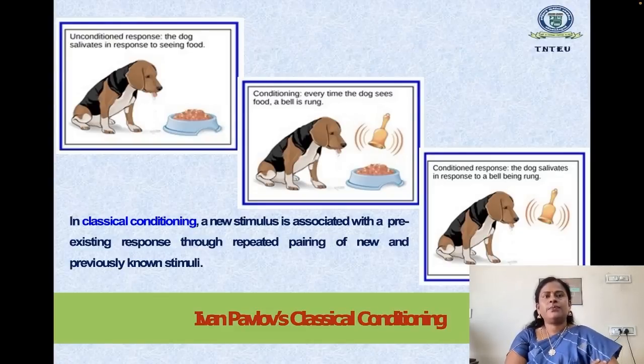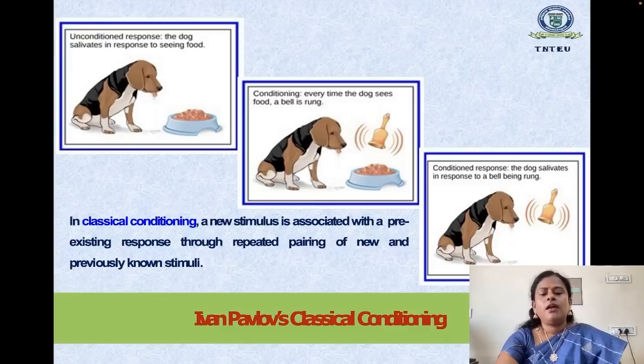Conditioned behaviors. Ivan Pavlov's classical conditioning. Conditioned behaviors are the result of associative learning, which takes two forms: classical conditioning and operant conditioning. In classical conditioning, a response already associated with one stimulus is associated with a second stimulus to which it had no previous connection.